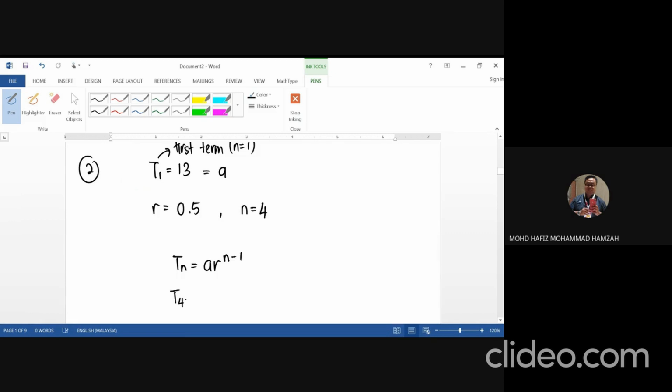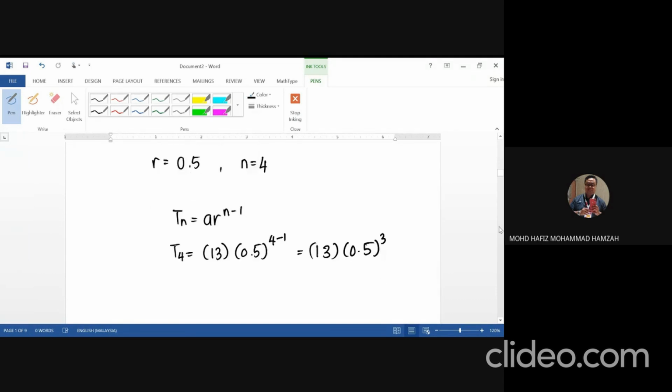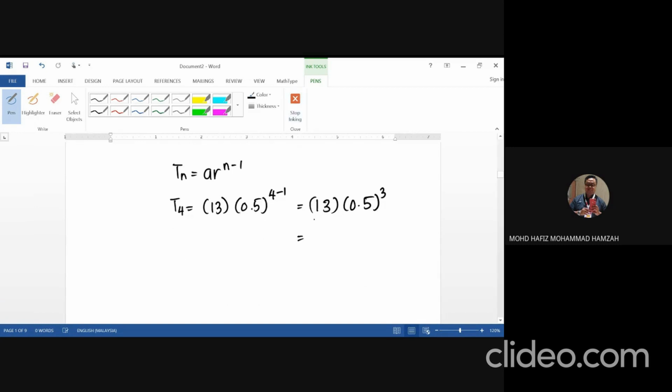So T4 equals A is 13, R is 0.5 to the power of 4 minus 1. So equal to 13 times power 3. Here be careful, because you have to start with this 0.5 to the power of 3 first. You can just press the calculator to make it easy, no need to write many times. 0.5 to the power of 3 gives this, times 13. So 1.625. So you can also skip from this straight to here, no problem. I'm showing this one by one.